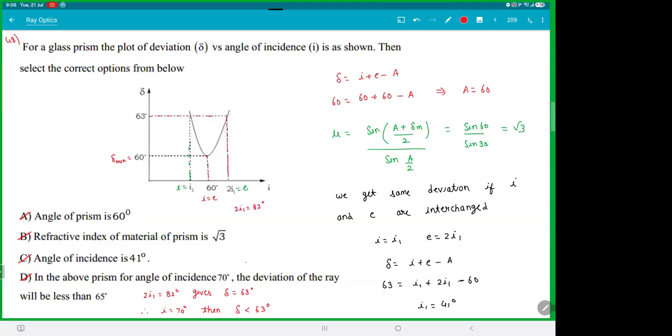Is that making sense, everyone? How we figured out all four? Just have a look at this. It's a good question. This is how they'll frame a multiple choice question. Understood what we did? Any doubts on any particular thing? So 82 degrees here was giving you 63.